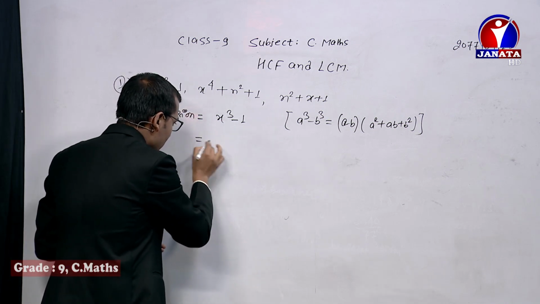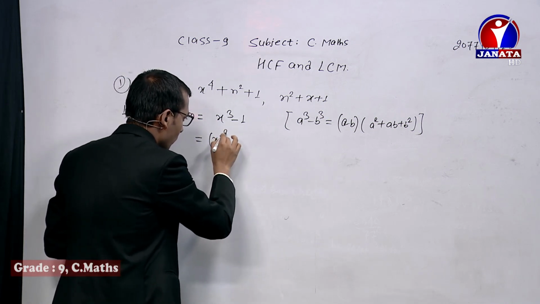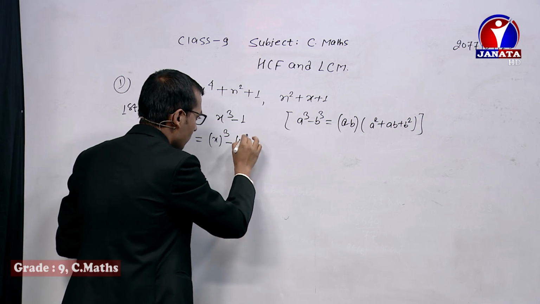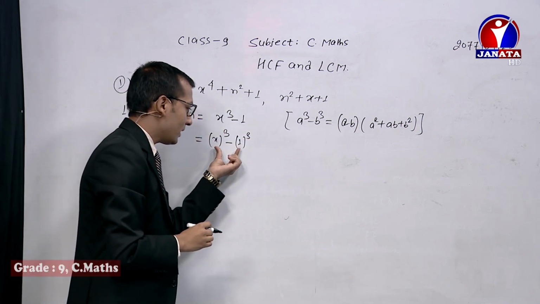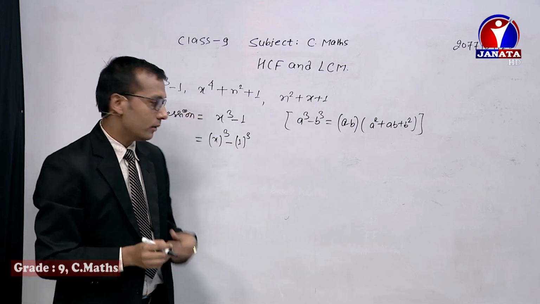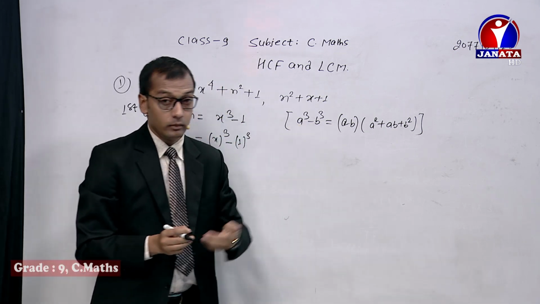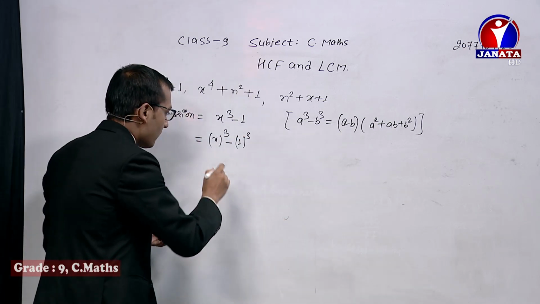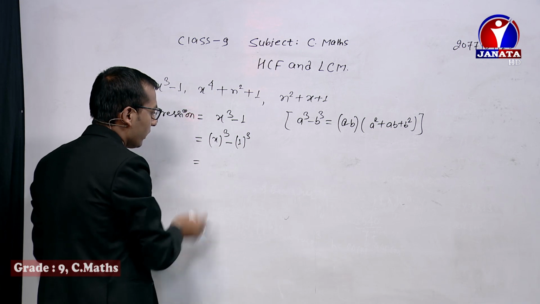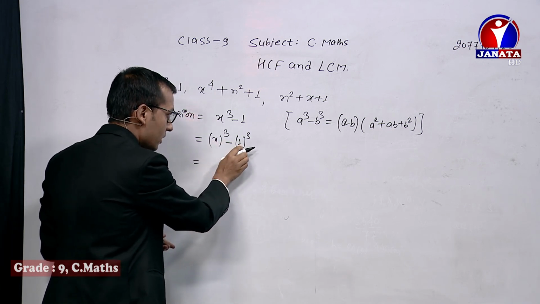So this is equal to x whole cube minus, we can rewrite 1 as 1 cube. Now this is similar to the a cube minus b cube form. Now let's factorize this. What is the first factor? a minus b. So what is a here? a is x and b is 1.